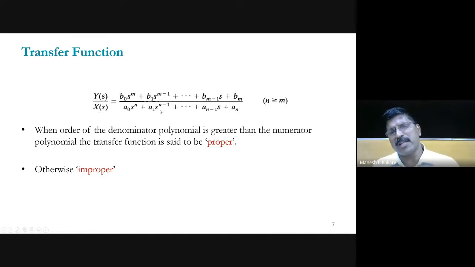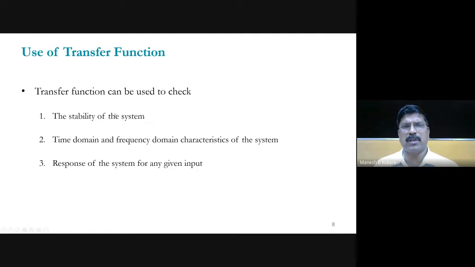To find out the transfer function, generally the impulse response is taken, right? By taking the impulse response, you get the transfer function of the system. So the transfer function is independent of the input, but your output depends upon both your transfer function as well as the input.